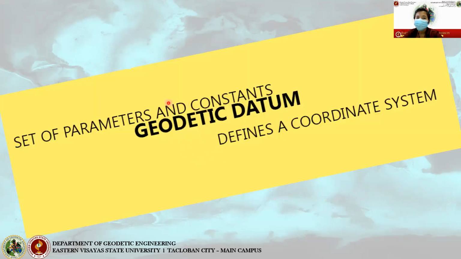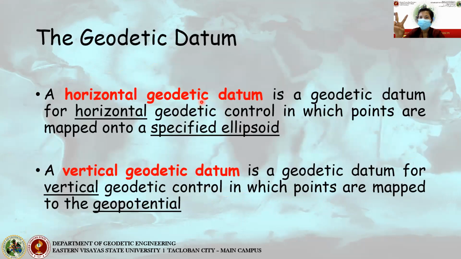So for the definition of a geodetic datum, it defines a coordinate system and a set of parameters and constants. The datum consists of parameters, constants, coordinates of X, Y, Z, latitude, longitude, height, an orientation or direction, the scale, and the origin of a certain point. We have two datums: the horizontal and the vertical datum.